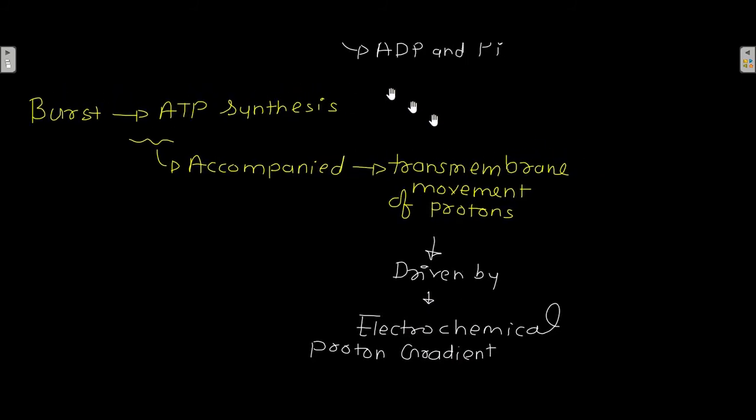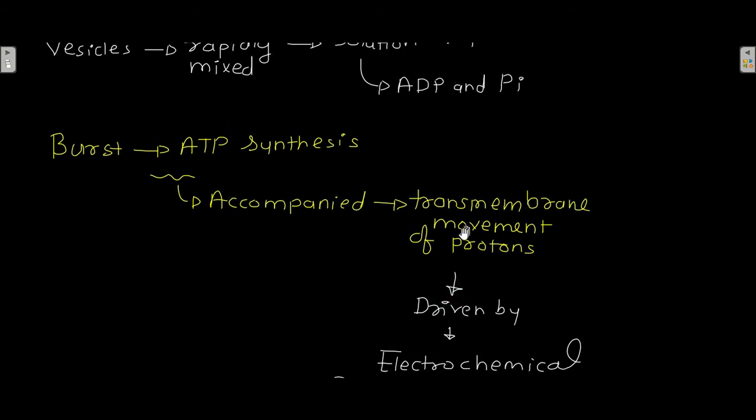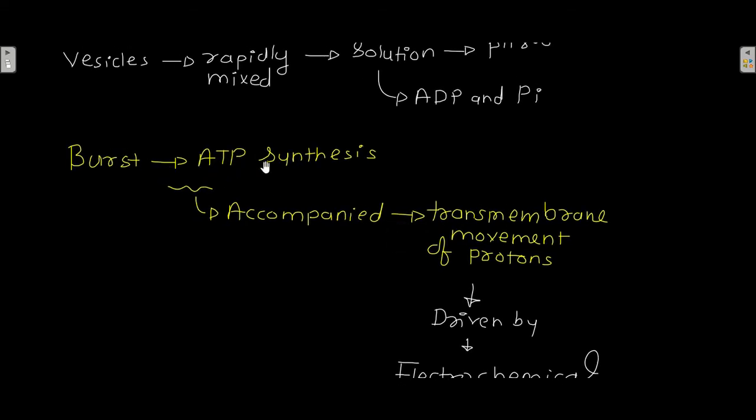From pH 4 it came to pH 8, and because of that an electrochemical proton gradient was generated, resulting in transmembrane movement of protons and a burst in ATP synthesis. It means ATP synthesis was taking place rapidly.